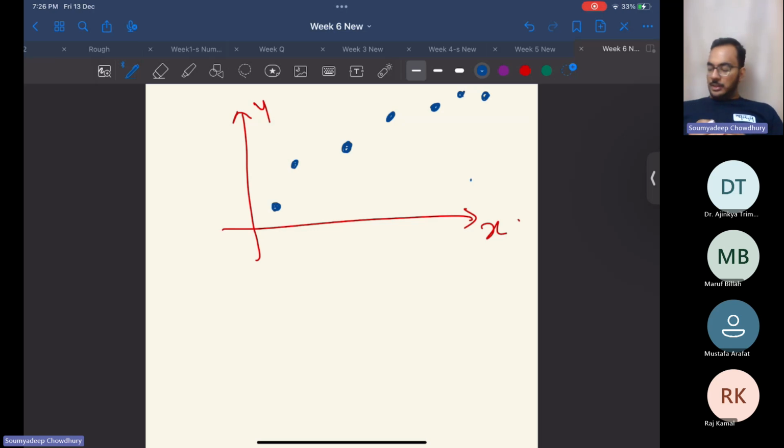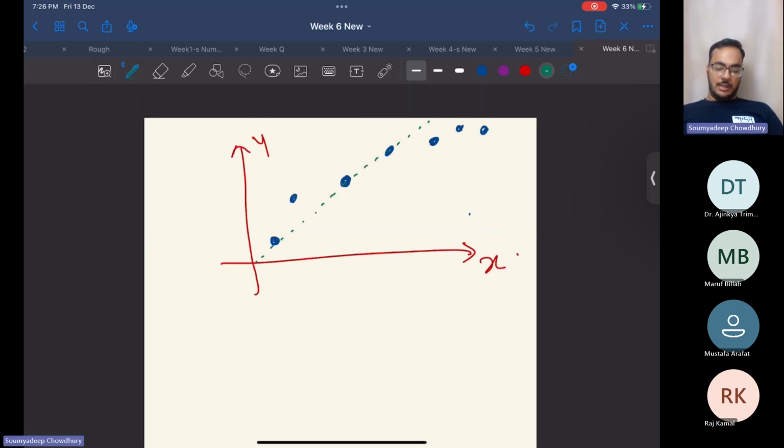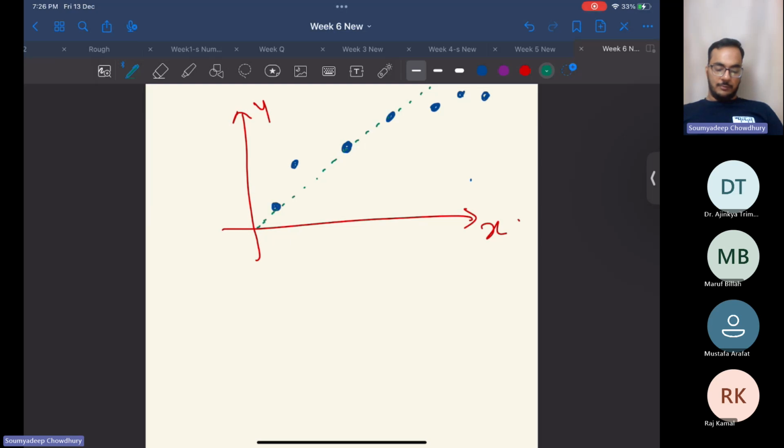So first we'll learn about linear regression. We'll only concentrate on linear regression. Okay. So what is the most accurate straight line that you can draw such that it is very close or passes through all of these points? There can be multiple straight lines here, right? Suppose I draw a straight line like this. This green one is one straight line.